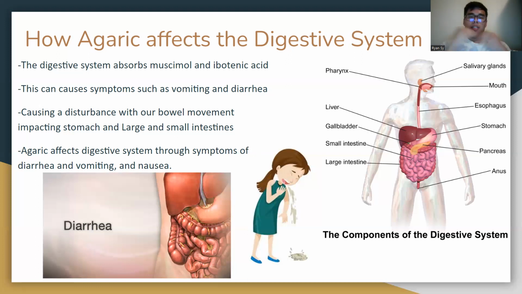Because the food gets taken down through the digestive process, it can affect the nutrients. It takes the nutrients or the chemicals inside the food and puts them into our bloodstream, the ibotenic acid or muscimol, and the effects and compounds of agaric will be put into our bloodstream and can also end up disturbing our bowel movement, which is how you can get diarrhea and also vomiting and nausea.